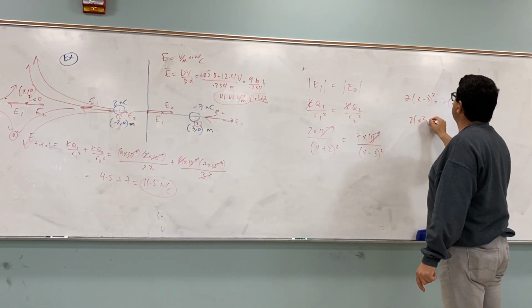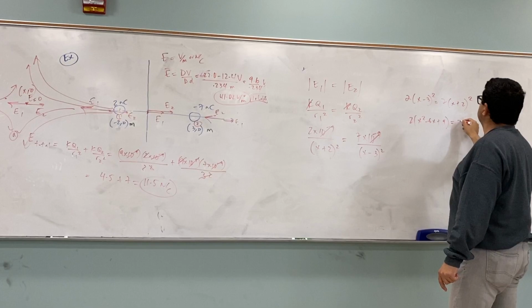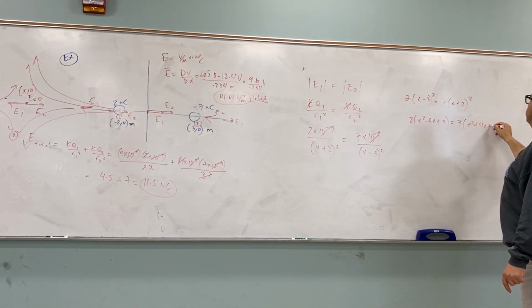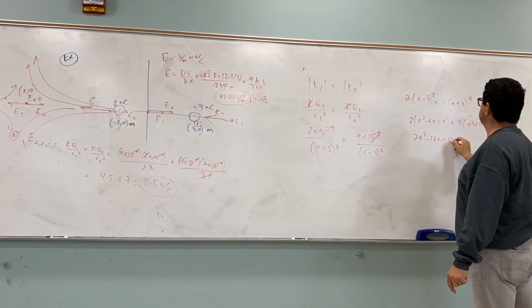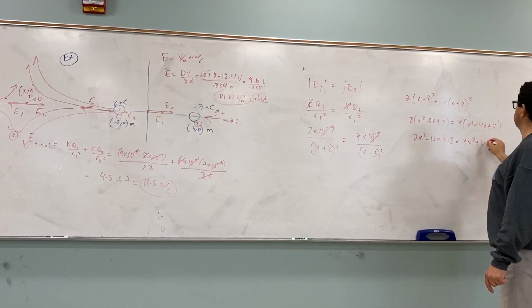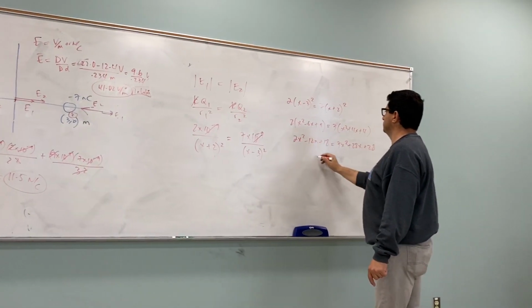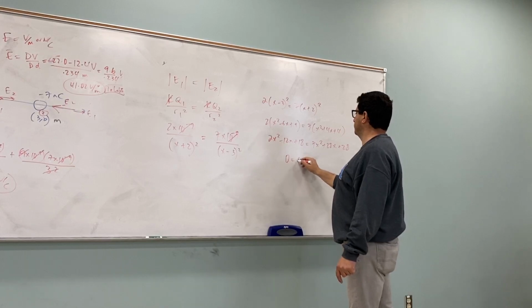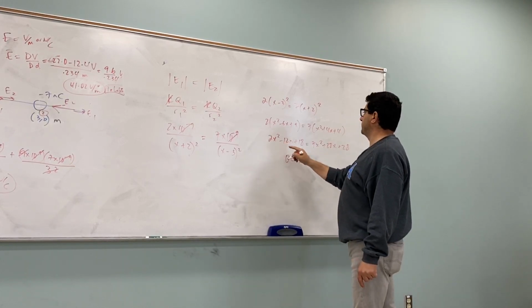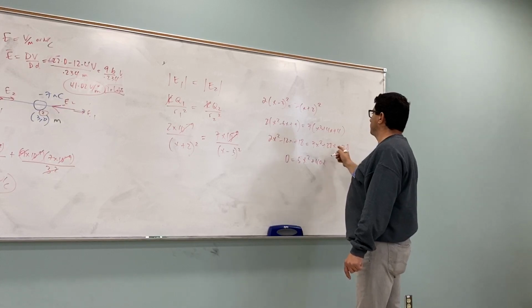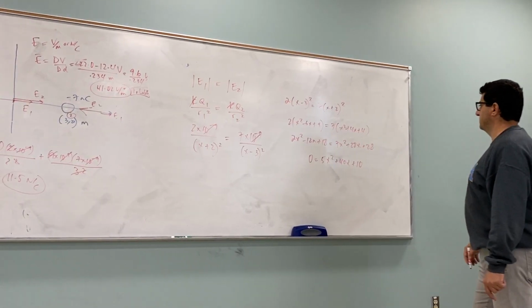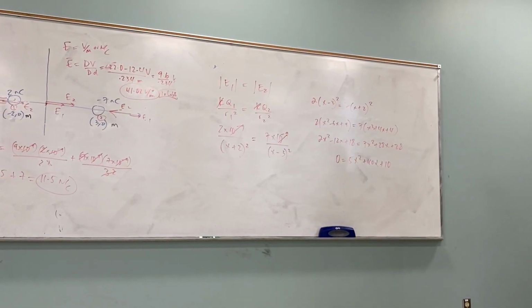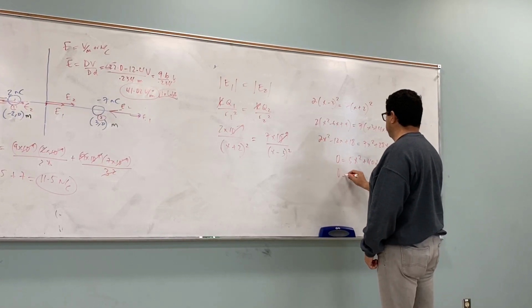So x squared minus 6x plus 9, x squared plus 4x plus 4, multiply the 2 in. 7 minus 2, 5x squared, 28 plus 40x, 28 minus 18, 10. Right? Yeah. Then divide everything by 5.